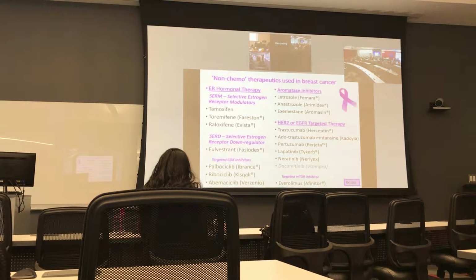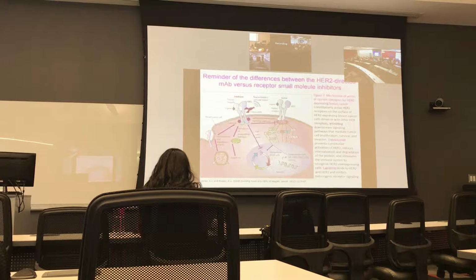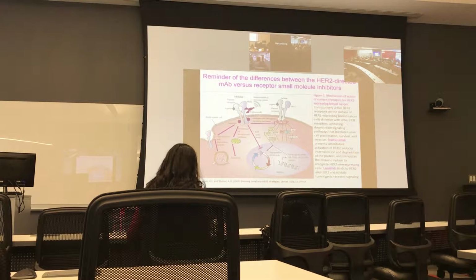And so again, this is sort of a reiterative slide just to remind you of what and where these targeted inhibitors are working. So on this slide, we have the HER2 receptor at the top, and remember that the EGFR receptor family has 4 different receptors.